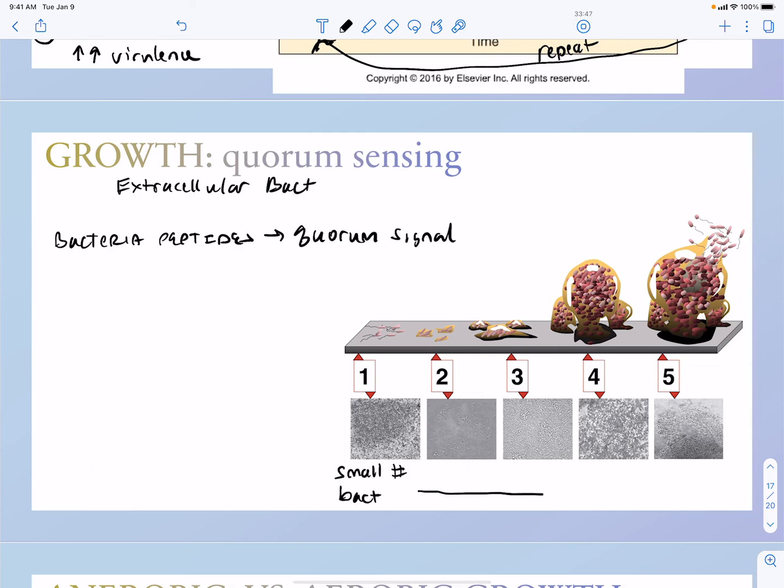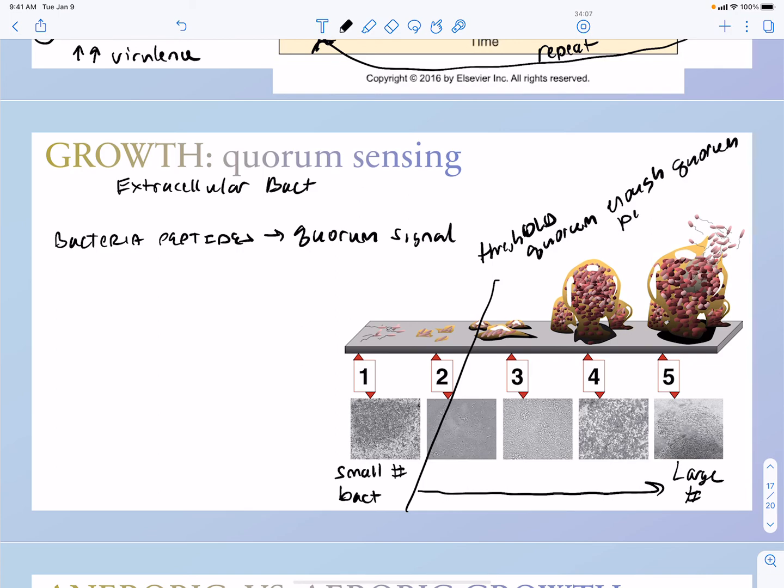And this is going to, of course, grow to a large number. And then at some point, here's a threshold for quorum where you have enough quorum peptide because you have enough bacterium. So all the bacterium producing this quorum peptide, and it doesn't accumulate to a large enough amount for the bacterium to sense there is a quorum now until there is enough of that quorum signal.